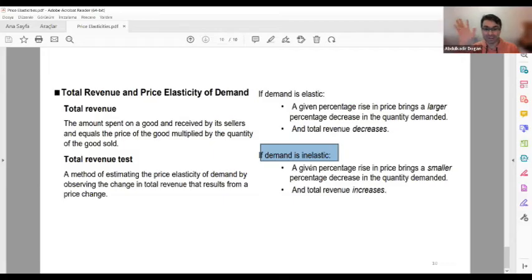for this product is inelastic, because whatever price the airline company gives for the plane ticket, he will buy it, because he doesn't sacrifice his luxury. He doesn't go from one city to another city by bus.